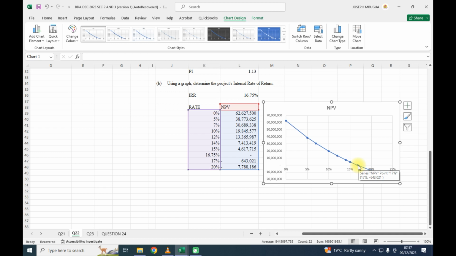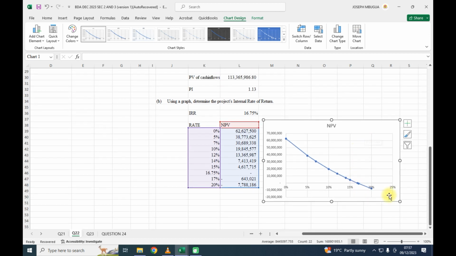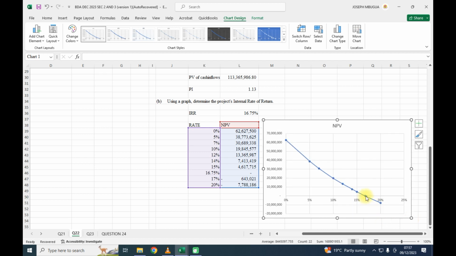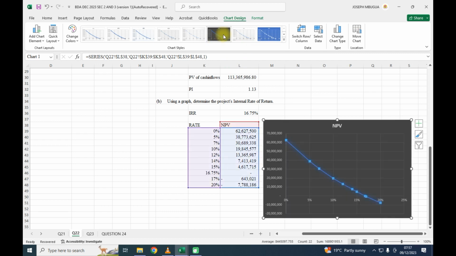If I can increase this, let me see whether when I increase at 17 this point, let me see which one will be better off.